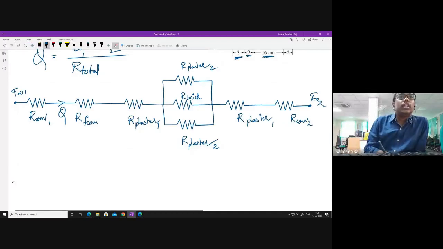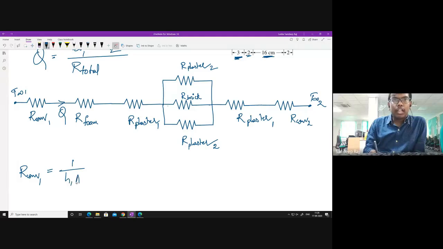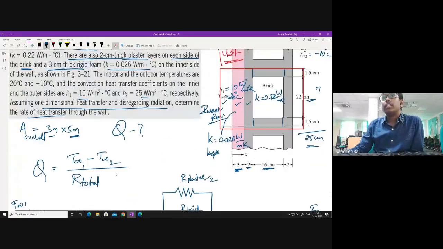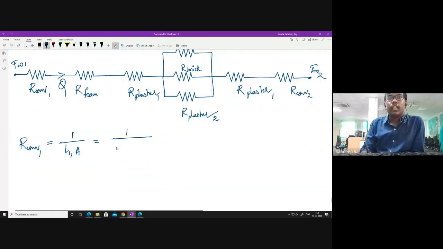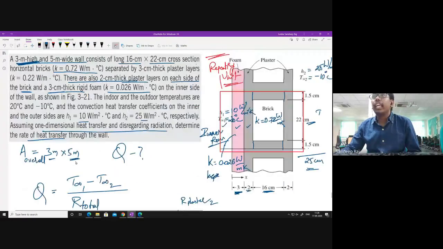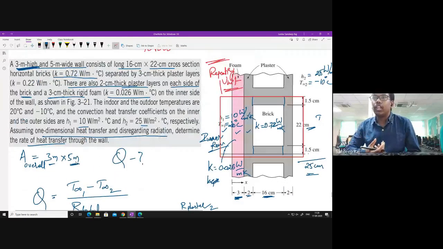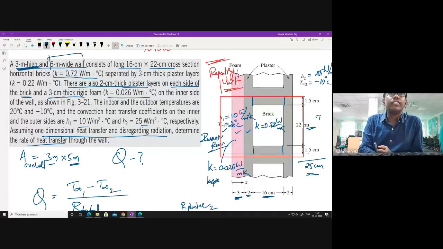Now, let us move to this R convection 1. What is it? 1 by H1 A. H1 is given as 10 watt. What is the area here? Area perpendicular to the direction of heat transfer. What is the wideness of it? The wideness of it is 5 meters.